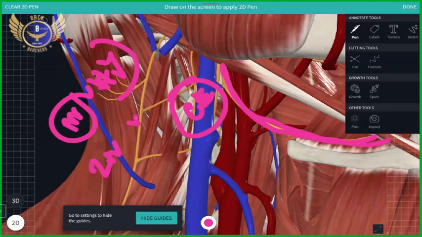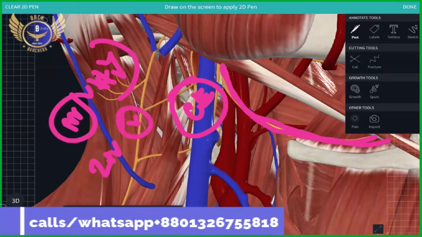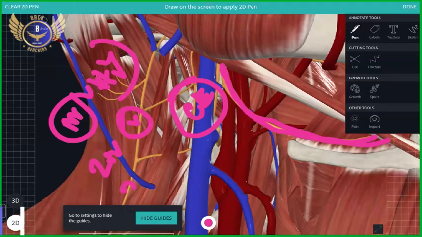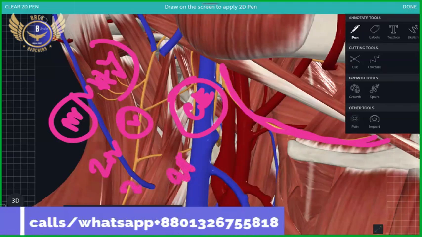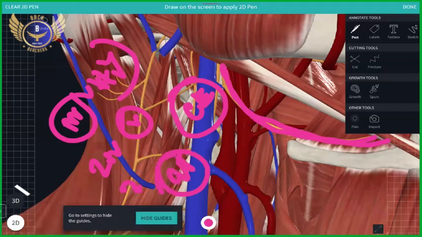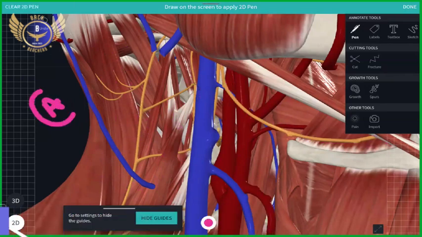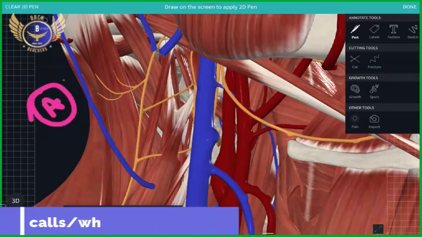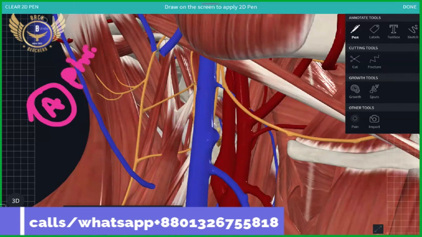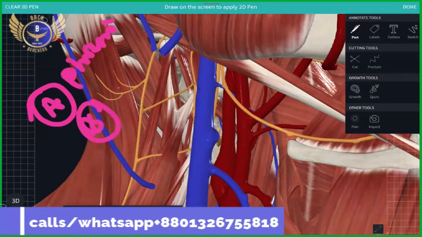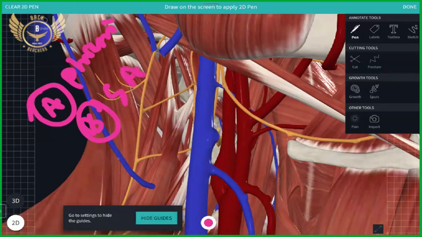Second, vagus. Remember, this is the exam of best answer. Third, glossopharyngeal can also be injured, guys. So let's say you have option A, phrenic nerve. Option B, spinal accessory nerve.